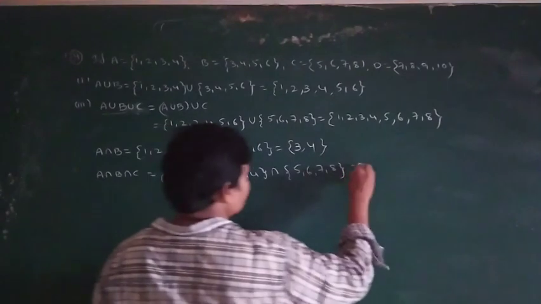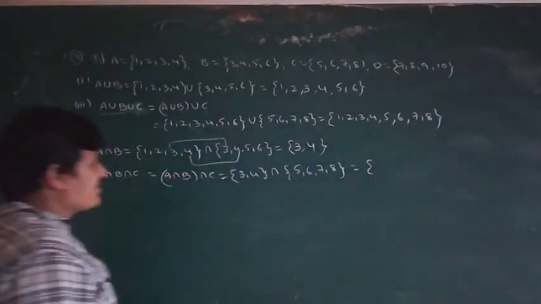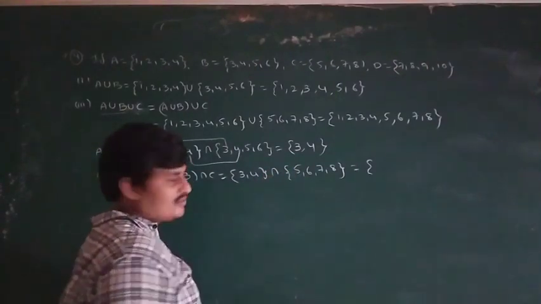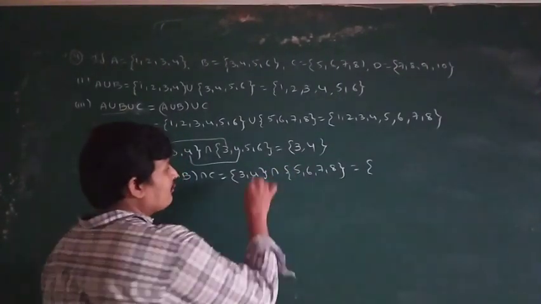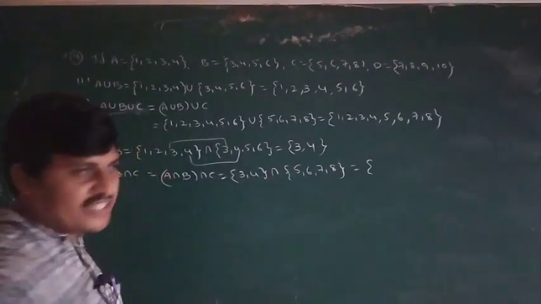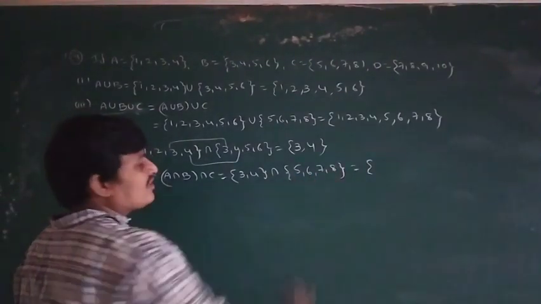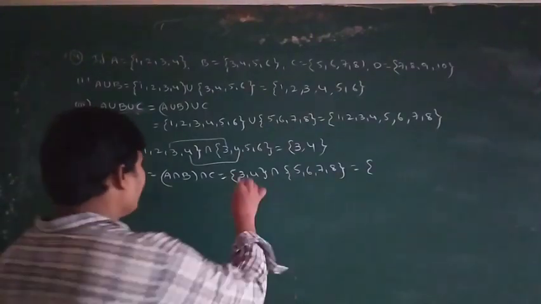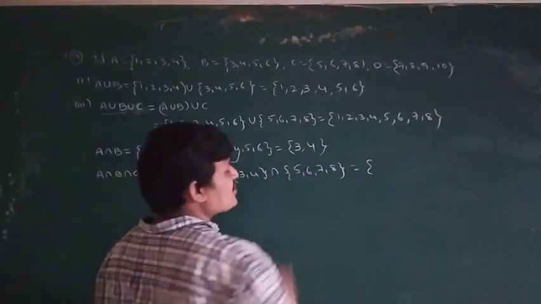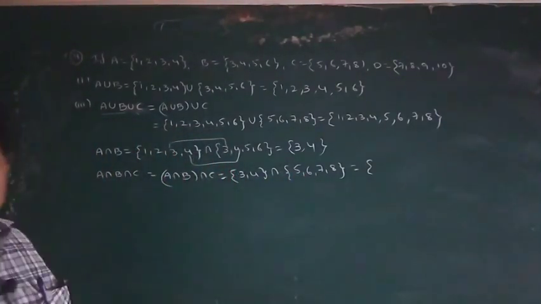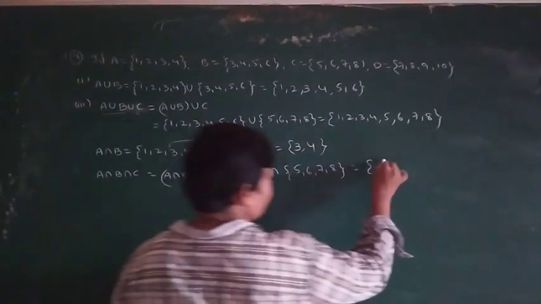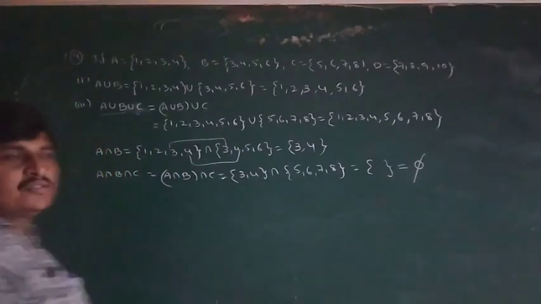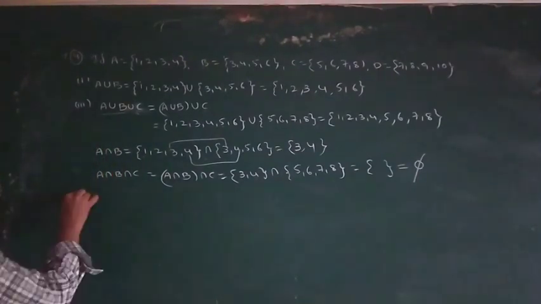So what is the answer? 3 is only in the first set, so not considered. 4 is only in the first set. 5, 6, 7, 8 are only in the second set, not common elements. A intersection B intersection C has no common element, so it is the empty set. This is the third, fourth and fifth problem.